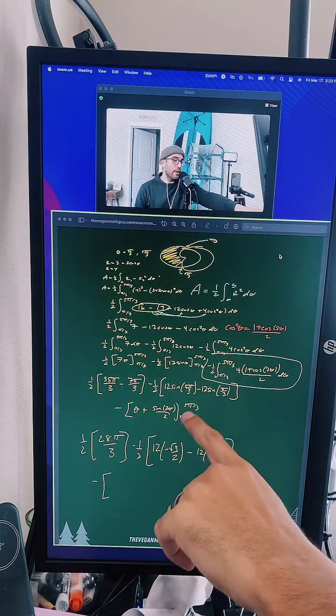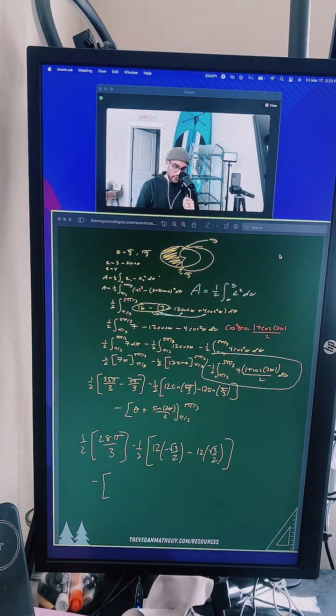Minus, and then we're just going to go ahead and plug in the rest of these. So this is going to be 5 pi over 3 plus sine of 10 pi over 3 divided by 2, minus pi over 3 plus sine of 2 pi over 3 divided by 2.